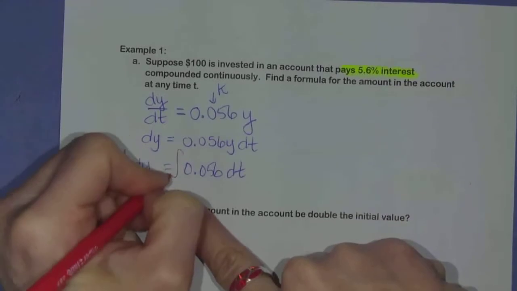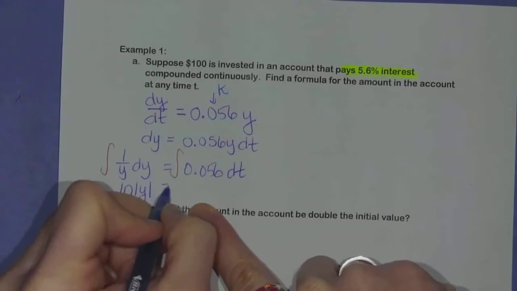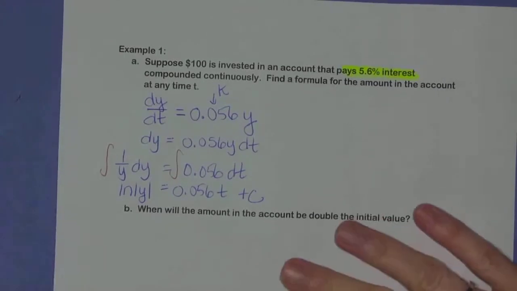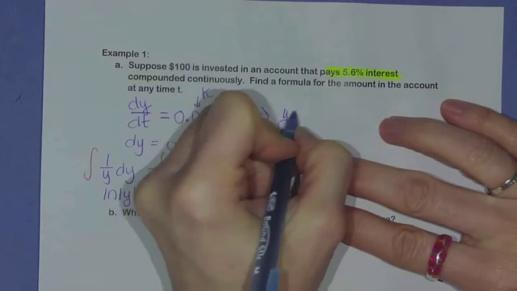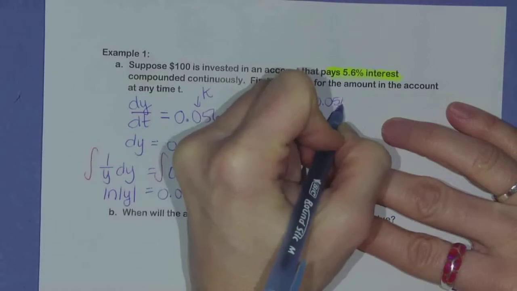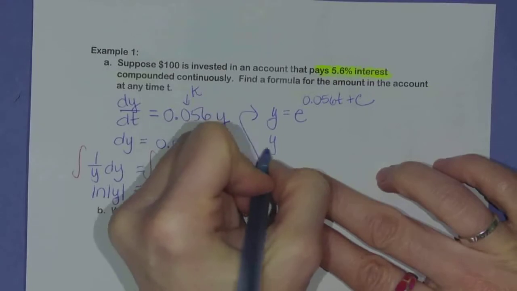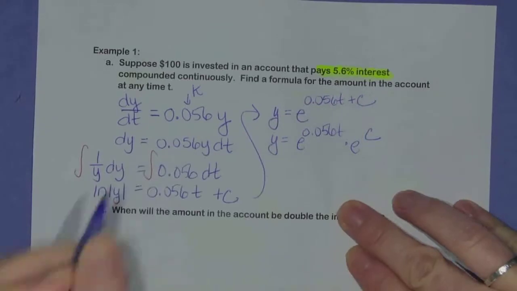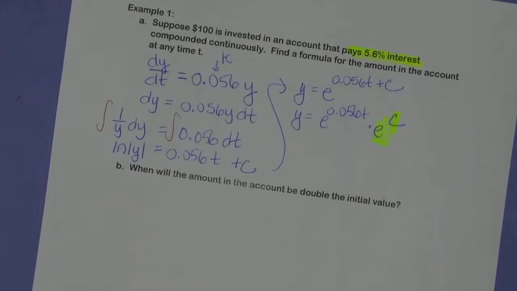Anti-differentiate, which will give me the natural log of the absolute value of y equals 0.056t plus c. Solving now for y, and I'll drop the bars, y equals e raised to the 0.056t plus c. Separating, I'll have e to the 0.056t times e to the c. Of course, this becomes capital C, my constant.